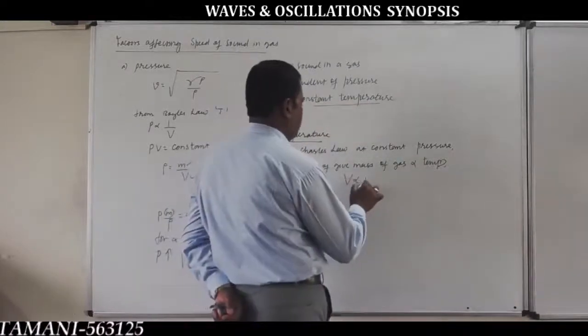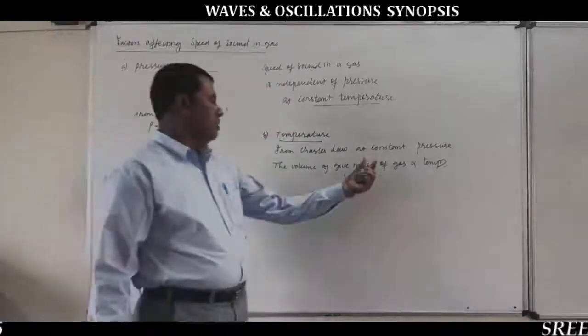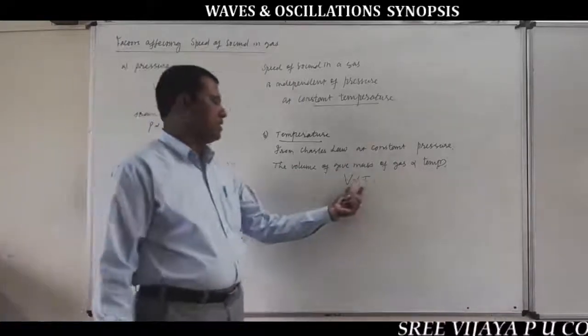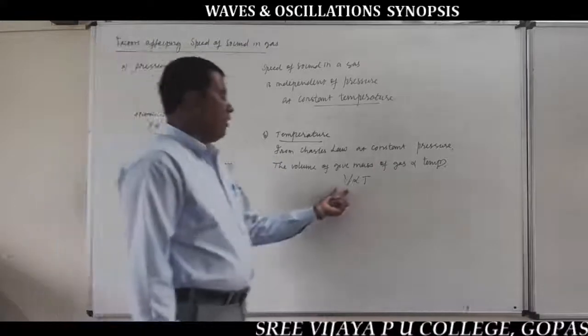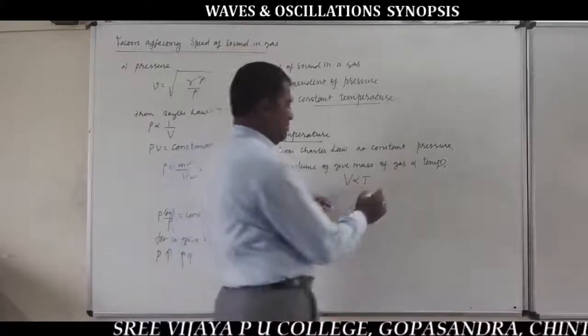V is directly proportional to temperature. As temperature increases, volume also increases. When volume increases, automatically density decreases.